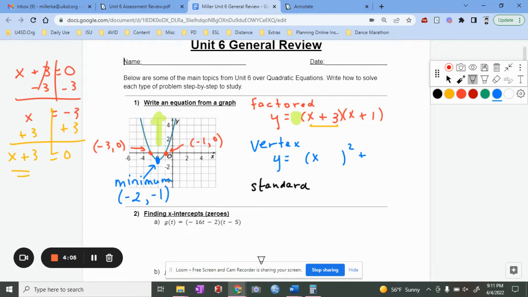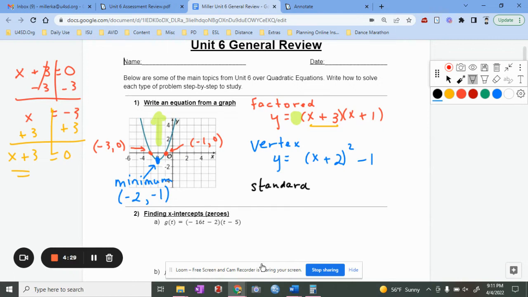So our h, again, the opposite of the x coordinate. So instead of having x minus 2, we're going to do x plus 2. And then our k value is as is. So instead of this plus, I'm going to put minus 1. That is the same equation in vertex form.